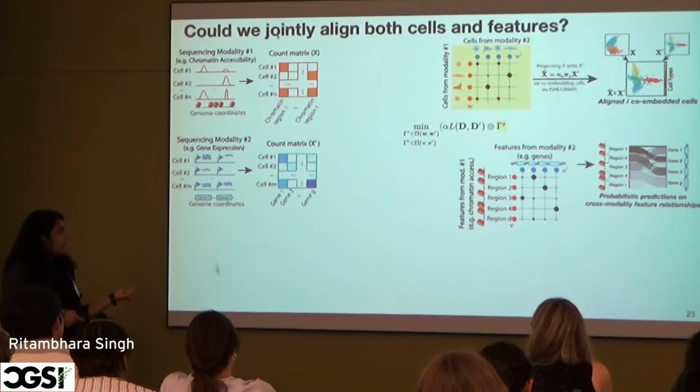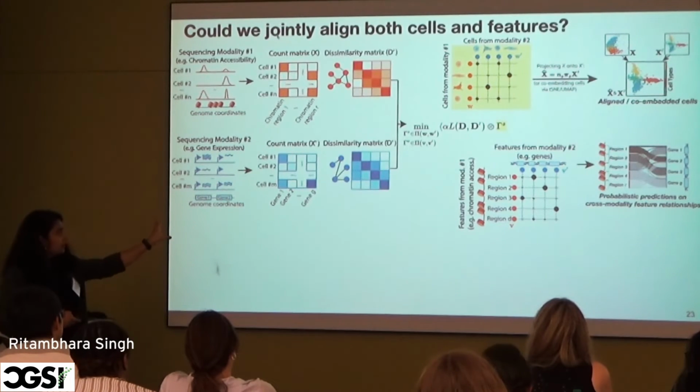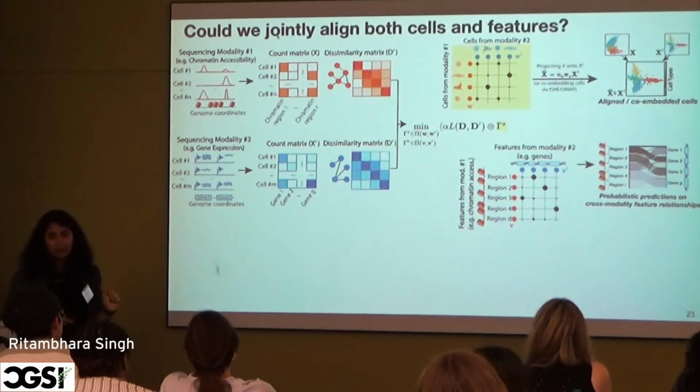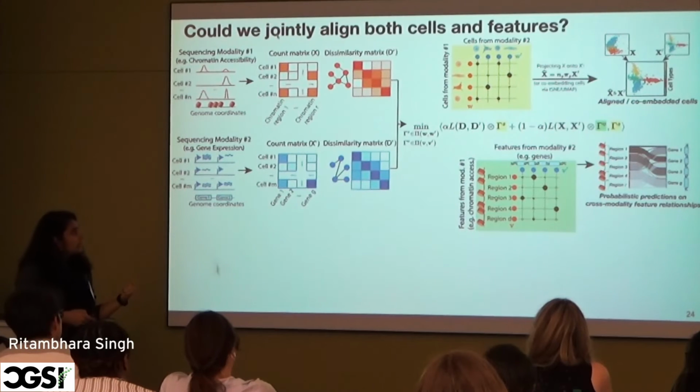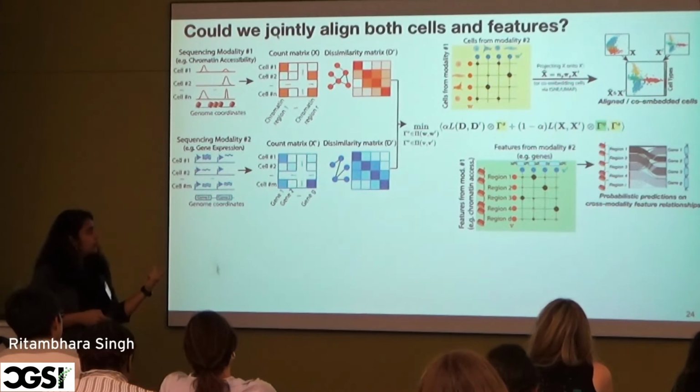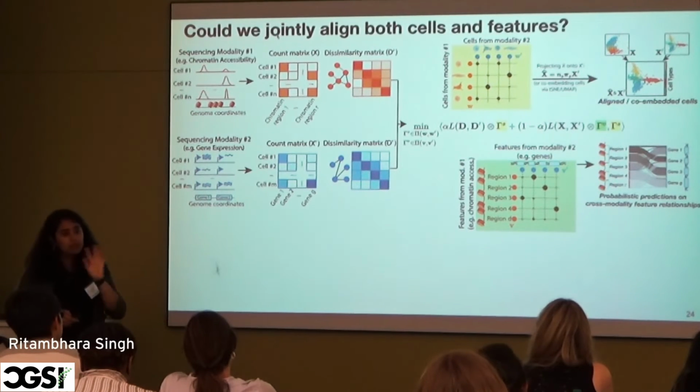We go about it by keeping our Scot formulation. We are still doing everything that we did for Scot, and we learn a coupling matrix for the samples. The change we make is that we add another term which comes from the co-optimal transport formulation, where instead of just learning one coupling matrix for the samples, we learn another coupling matrix for the features.